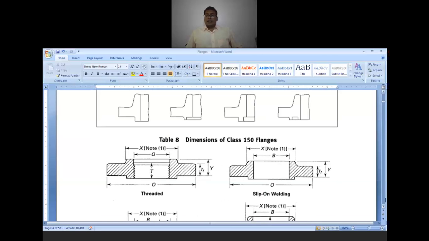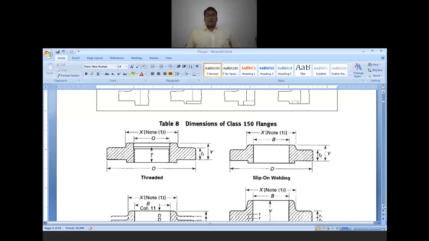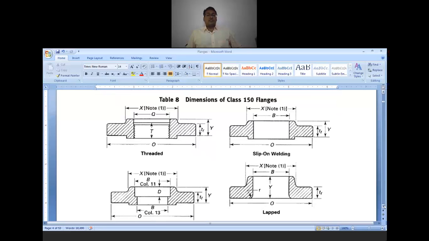Again, there are other figures which you can draw very conveniently, and you have to draw these flanges in your drawing practical. So for the threaded flange, you can see the threads provided on the inner surface.